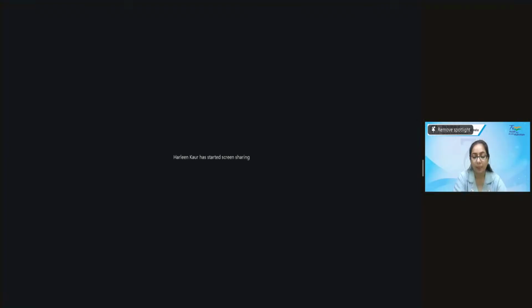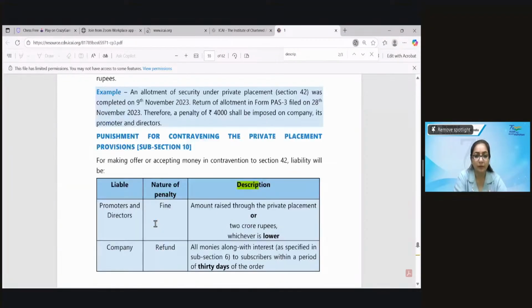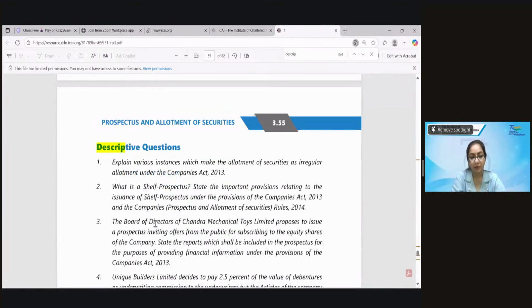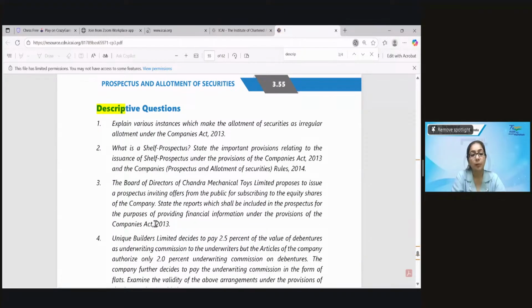Let's have a quick go through from the study also. The Board of Directors of Chandra Mechanical Toys Limited issues a prospectus inviting the public for subscribing to equity shares.